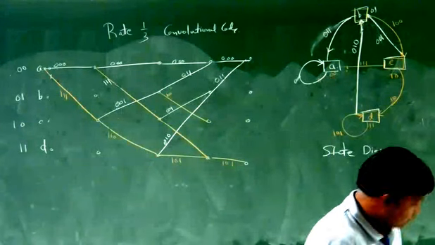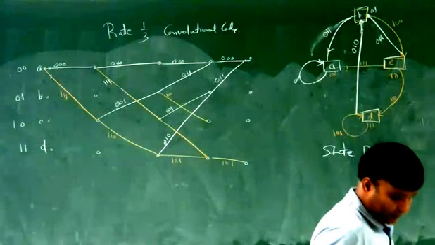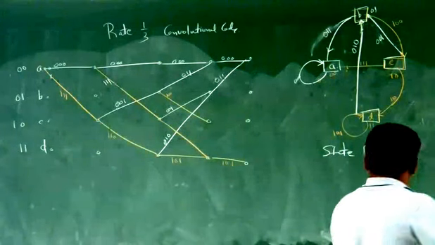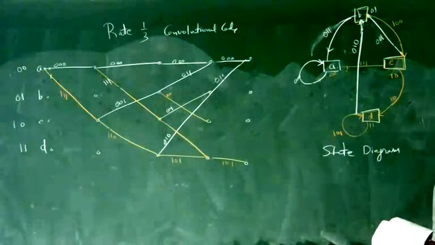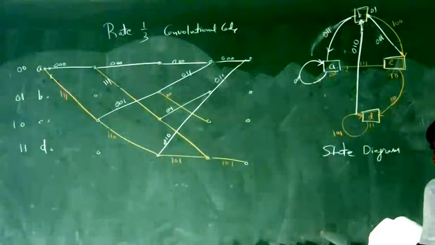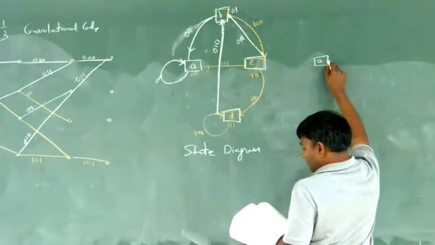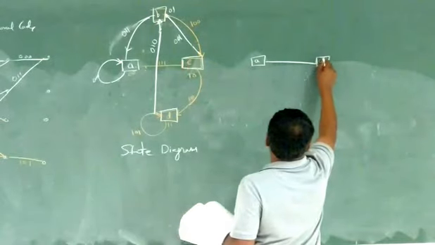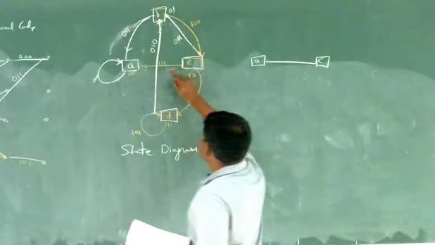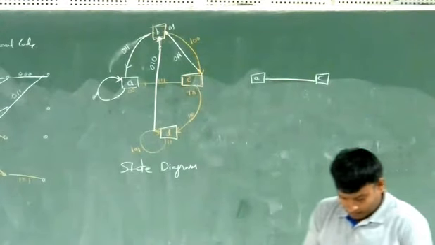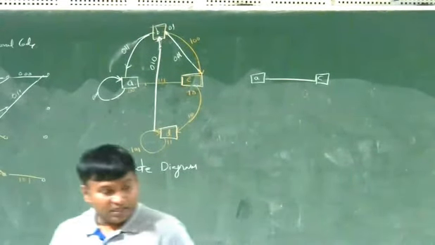Okay. So now what we will do is we will re-represent this state diagram in a slightly different fashion. Where in A, you can reach C, A to C. Okay, so what we will do is that the convolutional code is linear.